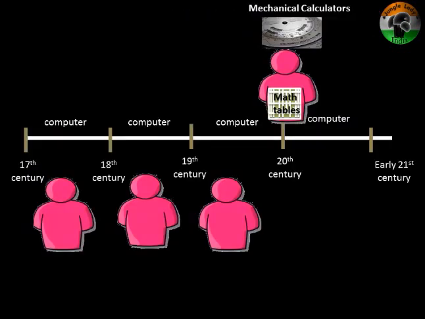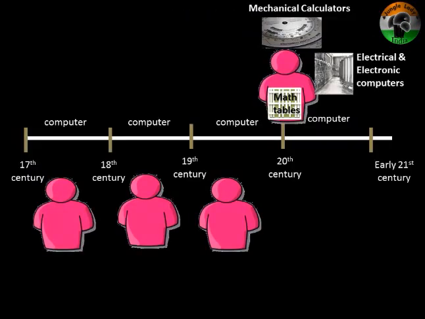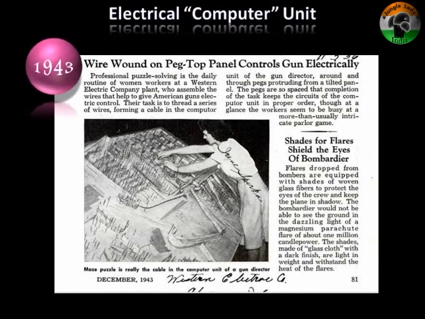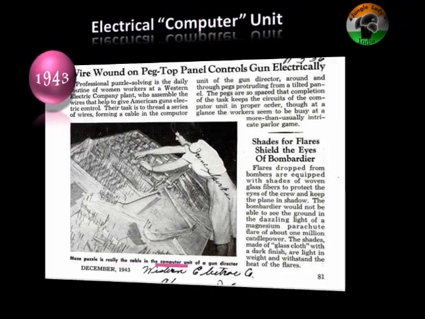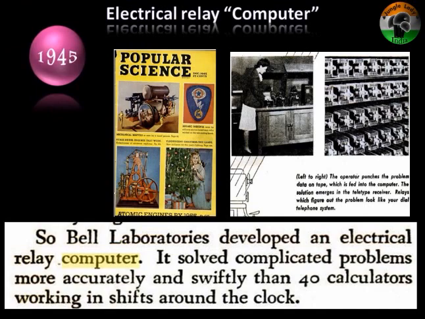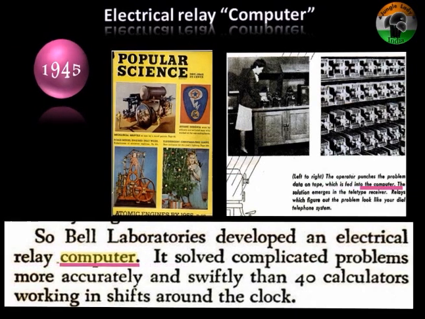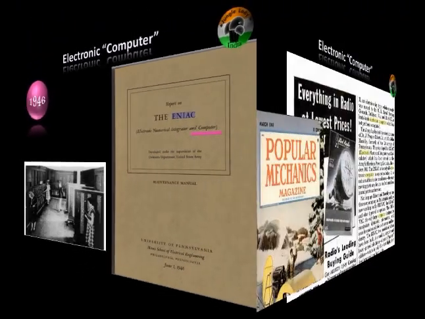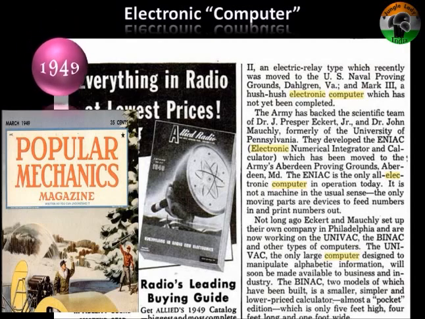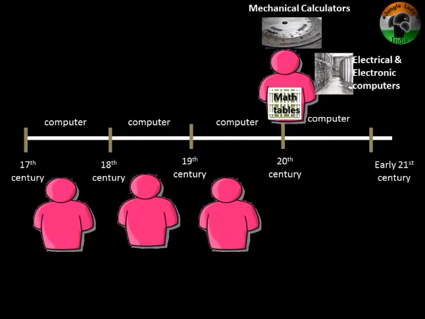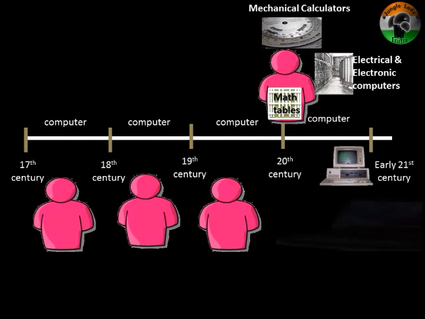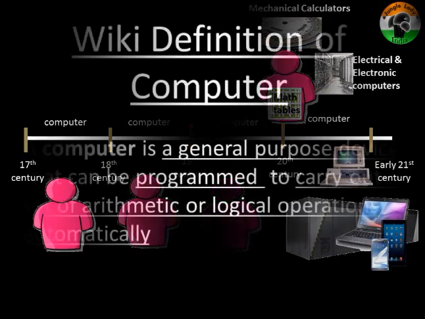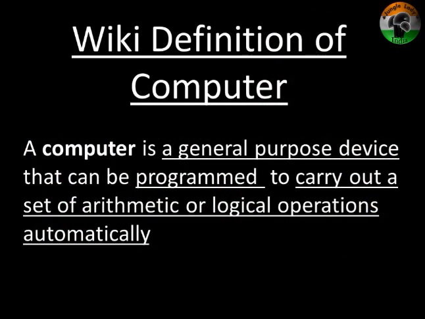In the 1940s, electrical and electronic computers appeared. Then appeared the personal computers, laptops, tablets, smartphones, and many more categories. This shows the wiki definition of computer.